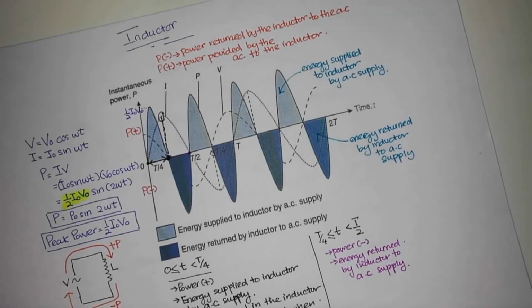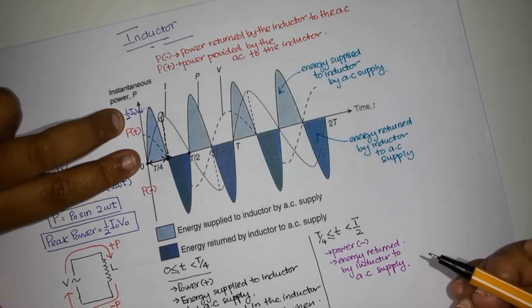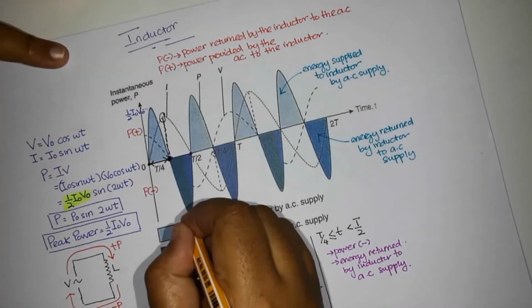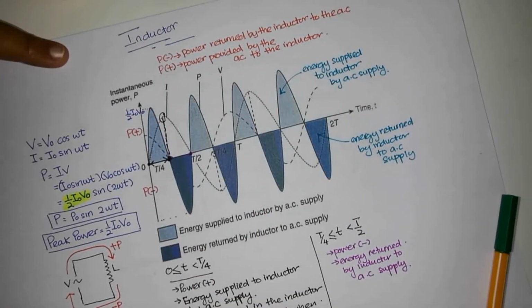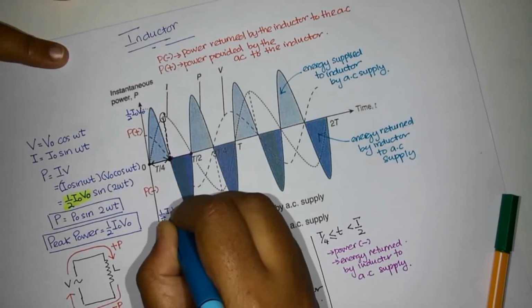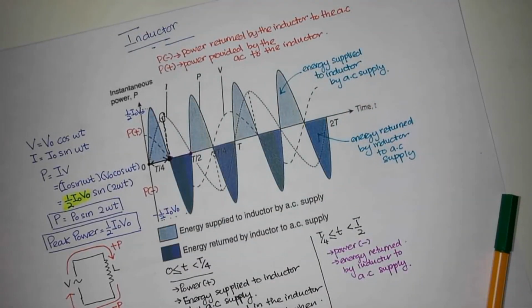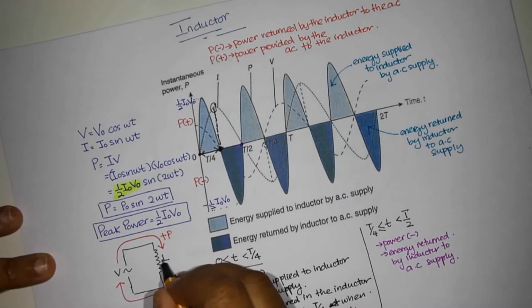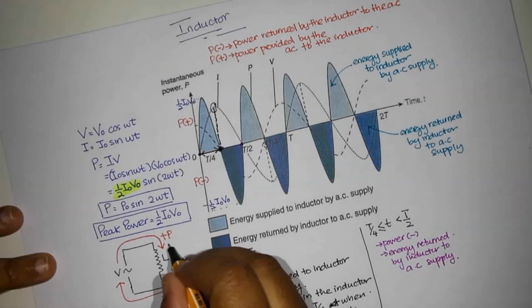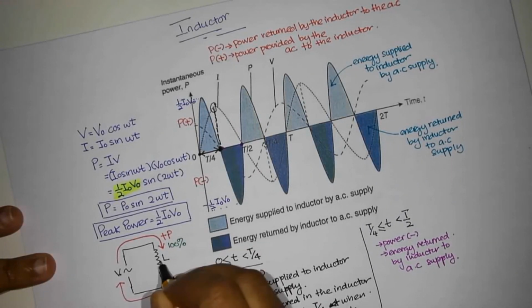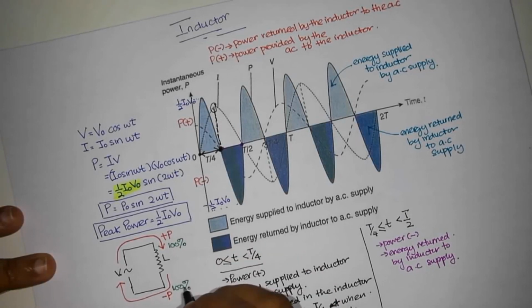Peak power is half I naught V naught, which will be negative here. So 100% energy is supplied to the inductor, or 100% of power is supplied from the AC to the inductor, and 100% is returned from the inductor to the AC.